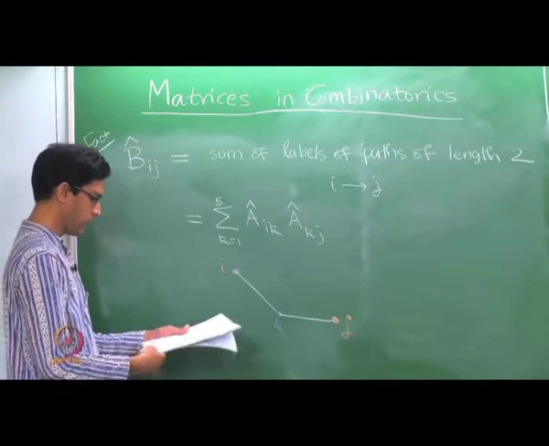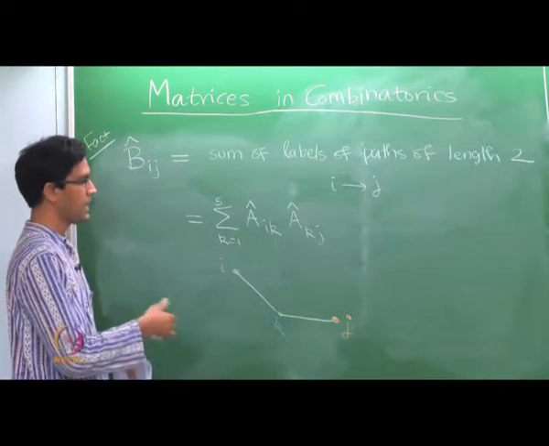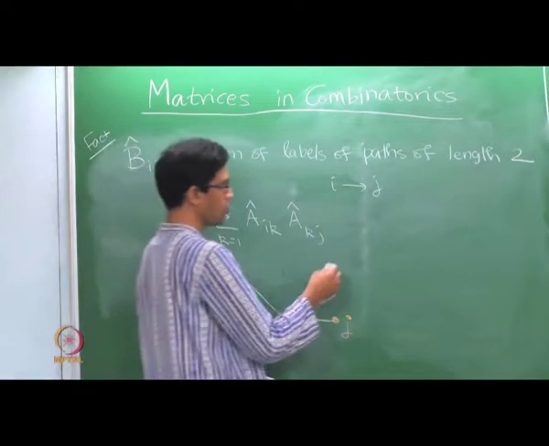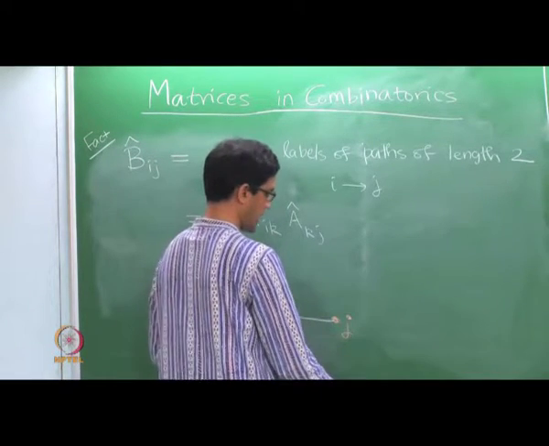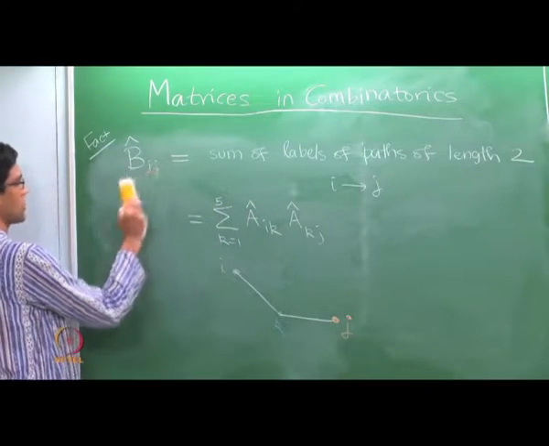Okay. And more or less repeating the same argument, if you try taking A hat power 3, this is not a special thing just for 2. If you computed A hat power d, for instance, here's a more general fact.